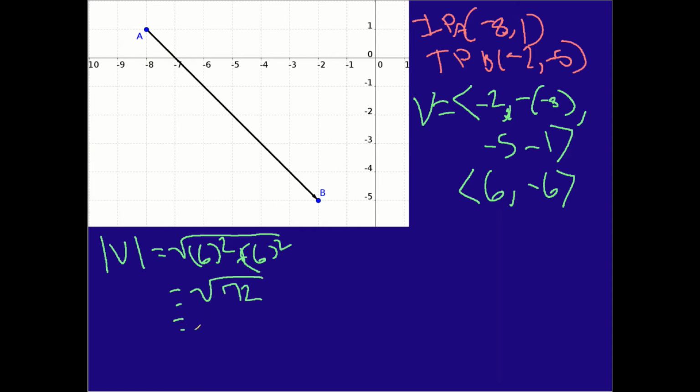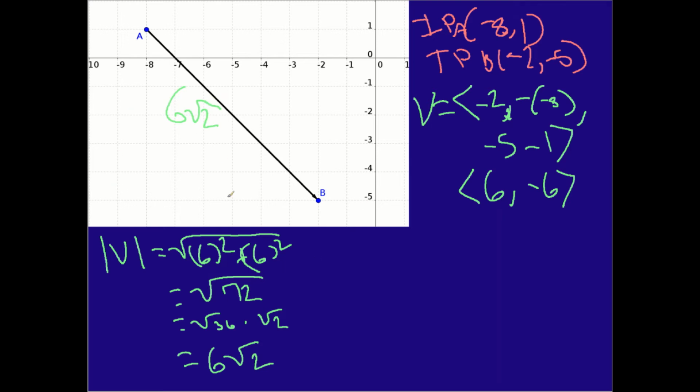If I want to simplify that, it would be the square root of 36 times the square root of 2. And so the final answer would be 6 times the square root of 2. So this distance right here is 6 times the square root of 2. You can confirm that yourself.